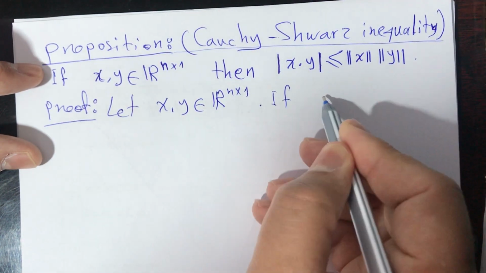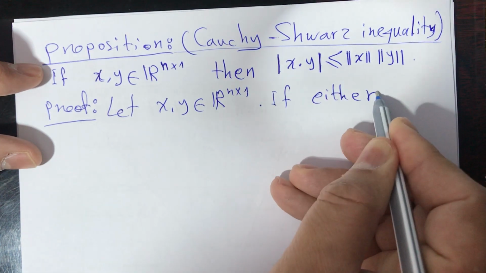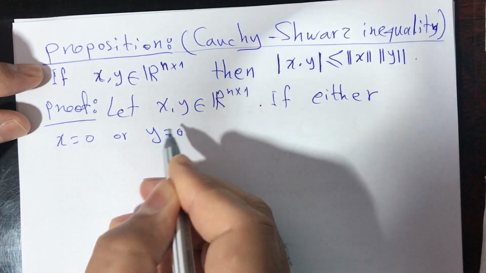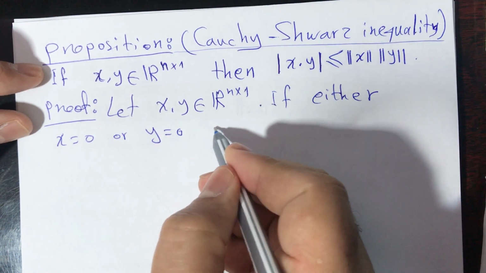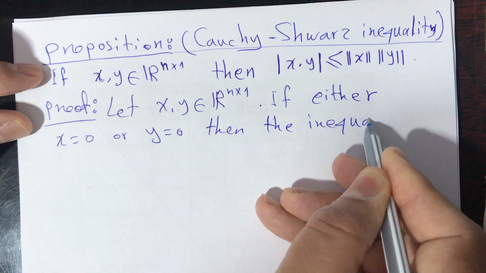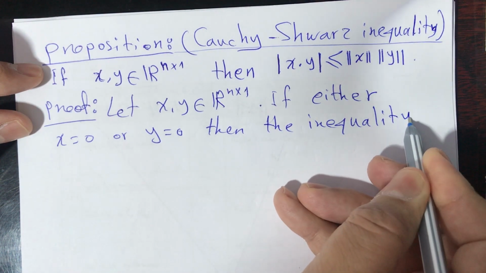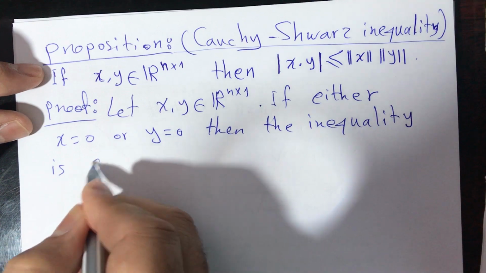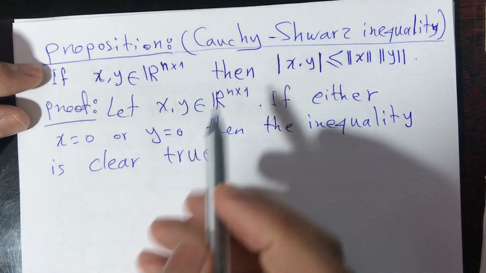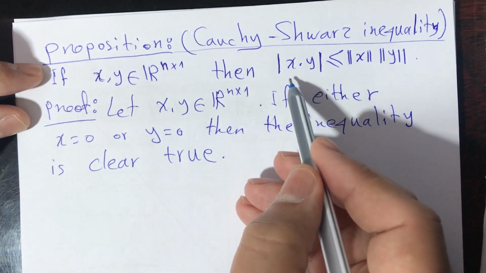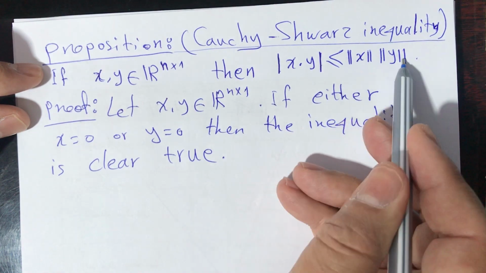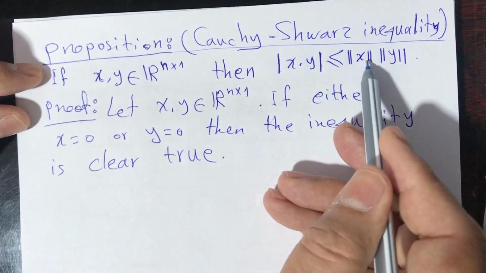Now if either x is equal to 0 or y is equal to 0, then the inequality is clearly true, because if x is 0, that means x dot any vector will be 0, and the norm of x will be 0 also, so the equality holds: 0 equals 0.